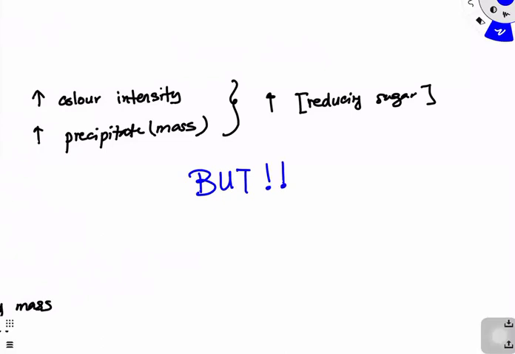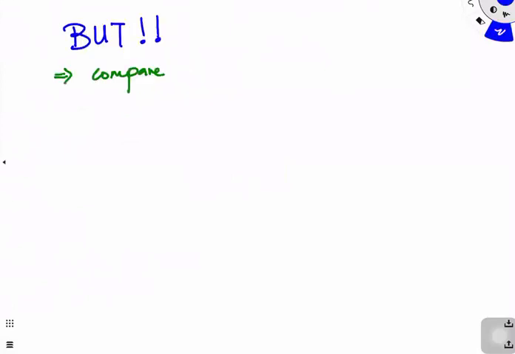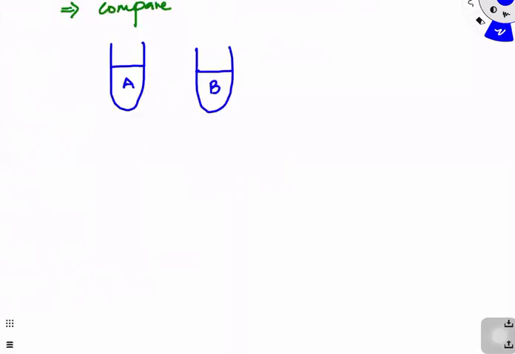If you want to compare, when you involve the element of comparison, let's say I have sample A and sample B. If I want to know which one has the higher concentration of reducing sugar, which one is sweeter, I don't want to taste it using my tongue to know which one is sweeter.